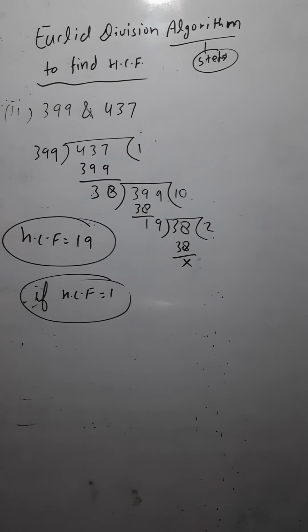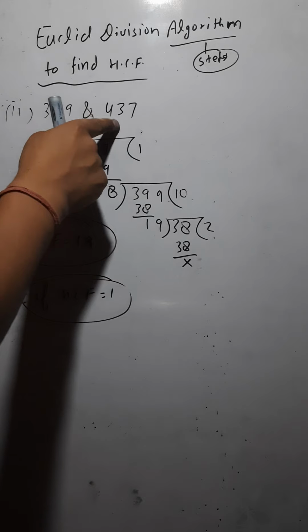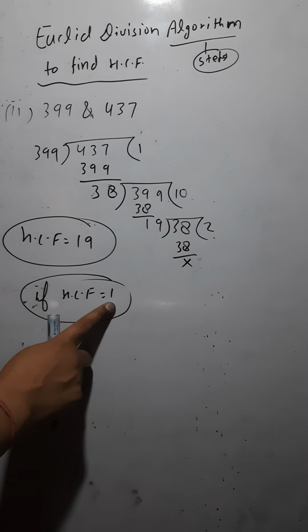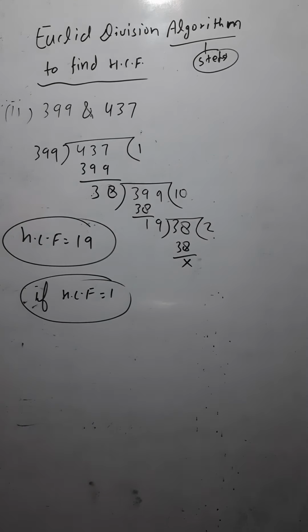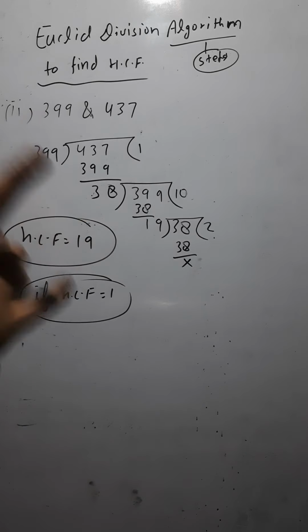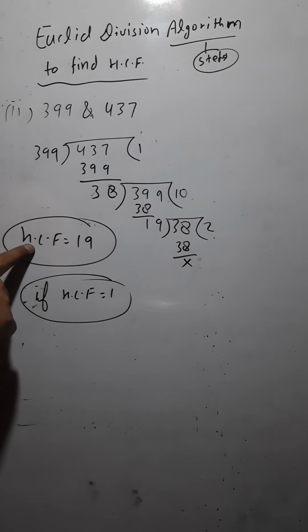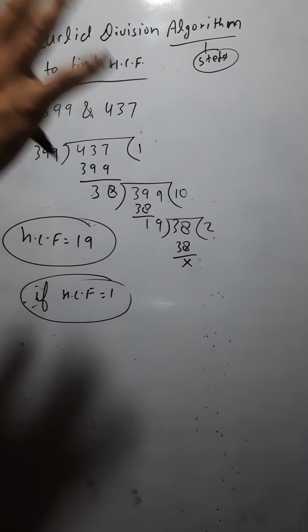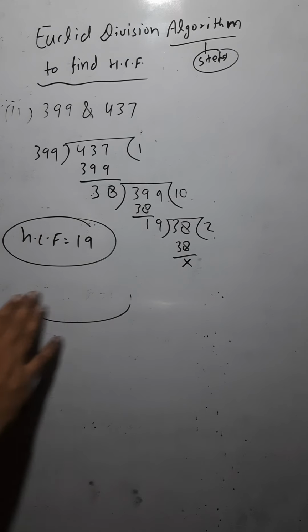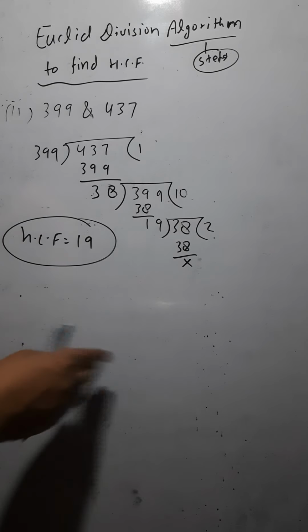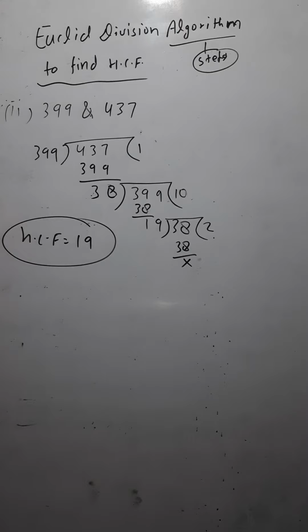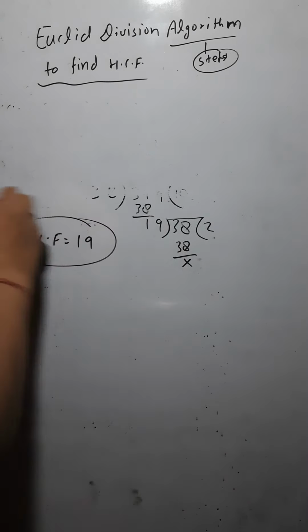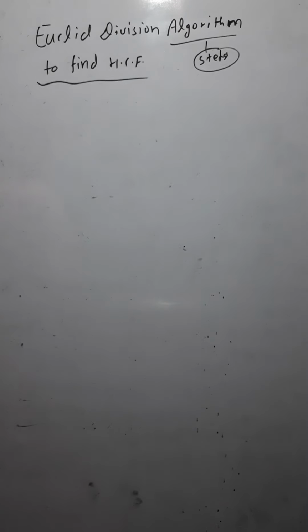Two numbers having the HCF 1 are co-prime numbers. But here you have the HCF 19, so these numbers are not co-prime. If the HCF is 1, then the numbers are co-prime. That you have to remember. We would be using this in some other questions ahead, so just note it down. Then after that we would be doing the other questions.